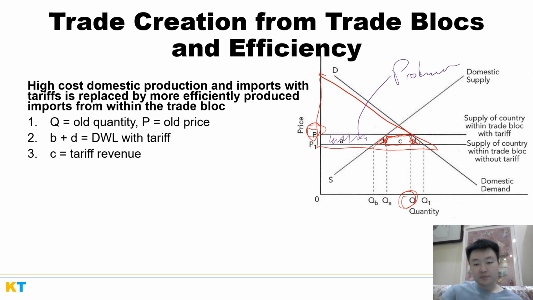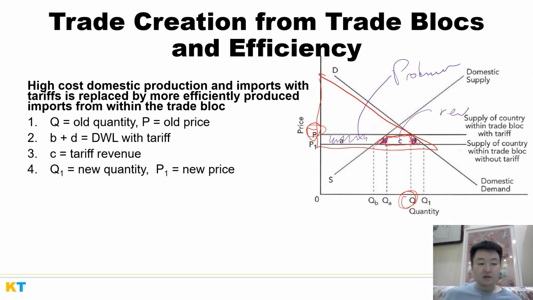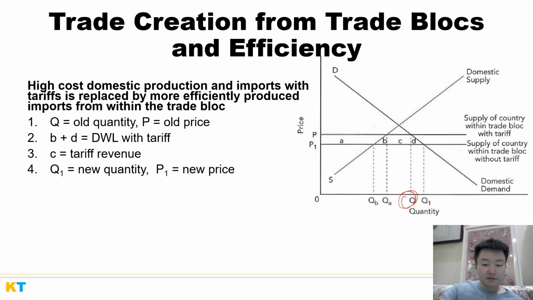So from a welfare perspective, A is a net zero effect. Nothing really changes. C becomes revenue. And B and D is deadweight loss, okay? And so if all of a sudden a trade bloc is created and we get rid of the tariff, because that's what trade blocs do, then we go back to a situation without this line, right?